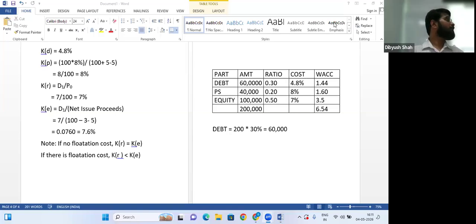Now note this term. The good thing about weighted average cost of capital is there is no variety. You have to calculate and you have to stick to the pattern.